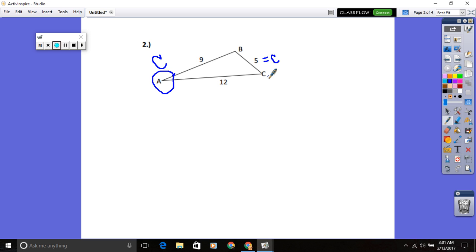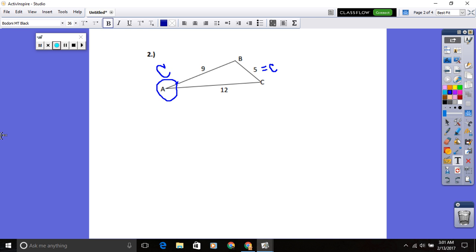Otherwise, you'd have to memorize all the different forms of the formula, which are, for example, a squared equals b squared plus c squared minus 2bc cosine a. It's much easier to just use one formula and just swap out for the piece that we need.